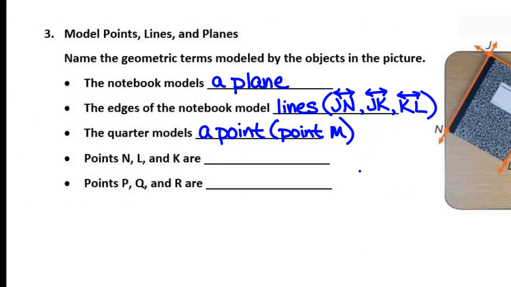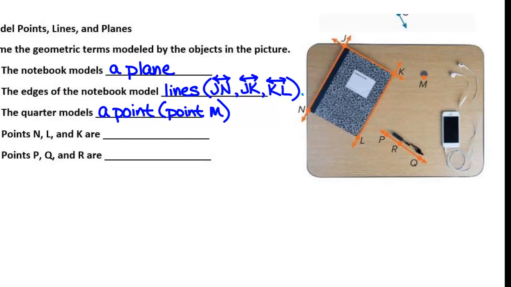All right, so now for these last two, instead of looking for point, line, or plane, we're looking for one of those four new vocabulary terms that we learned: collinear, non-collinear, coplanar, and non-coplanar. Points N, L, and K. Here's N, here's L, and here's K. Are those collinear?